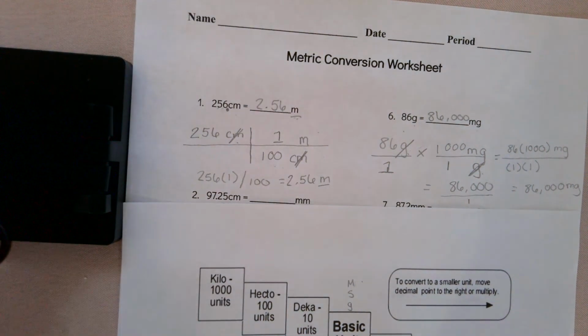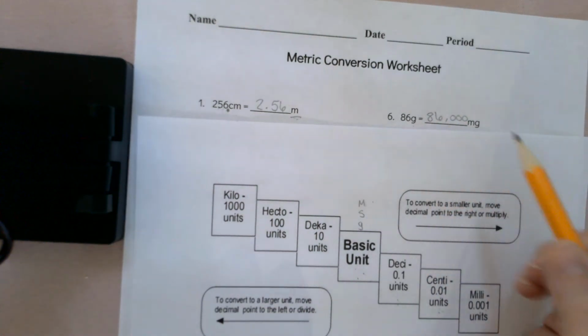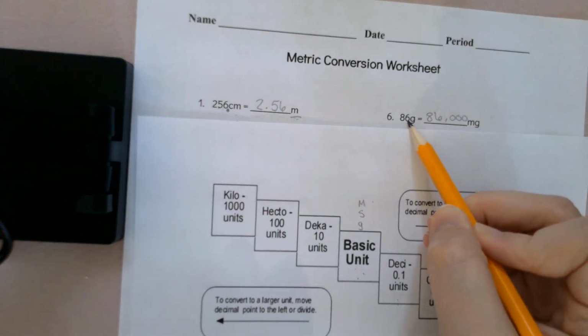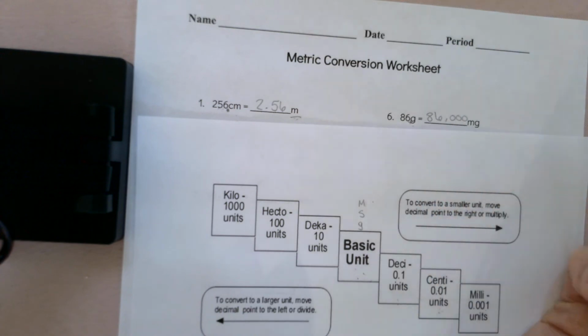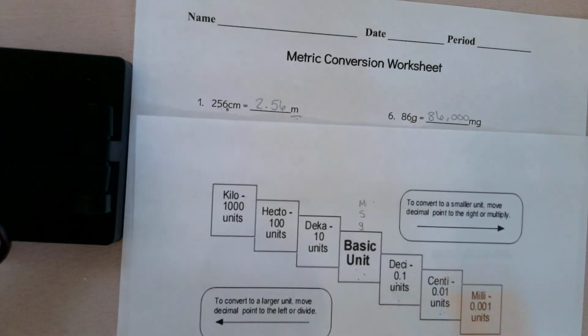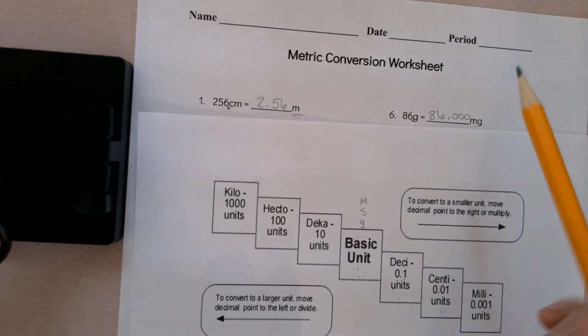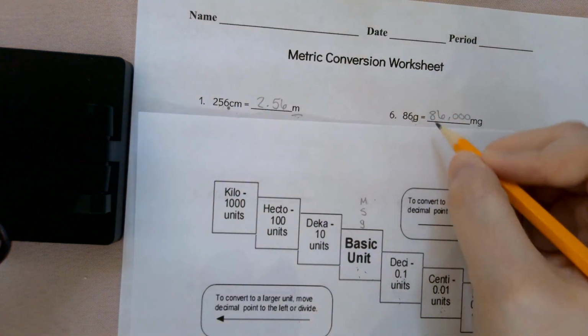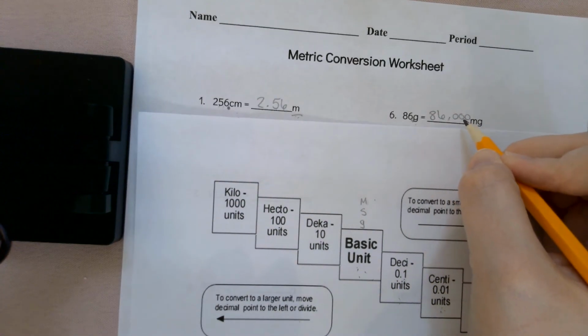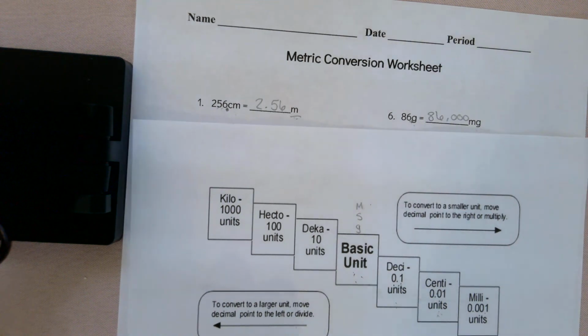But if we're doing it the easy way, we start at 86, right? Our decimal is behind the 6. We're starting with our grams in the middle because that's our basic unit, and we go to milligrams. So we go 1, 2, 3 over. We went 3 in the right-hand direction, which means you just move your decimal 1, 2, 3 places, which gives you 86,000.